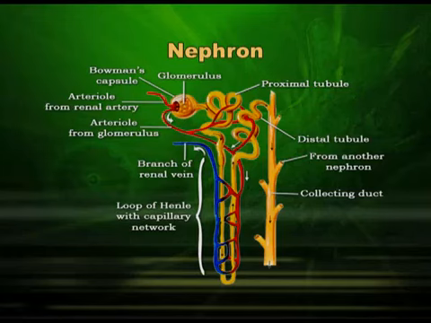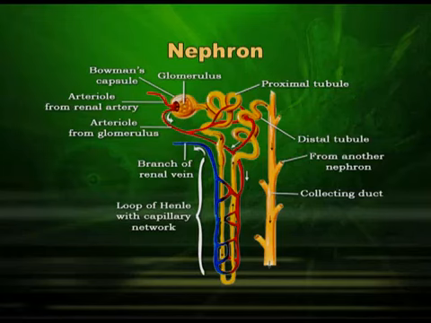See the blood supply in the tubular area. You can see arteries, you can see veins. You have already seen the capillary bunch as glomerulus in the Bowman's capsule, which was made by afferent and efferent artery.